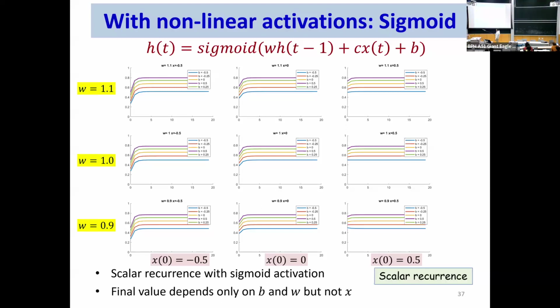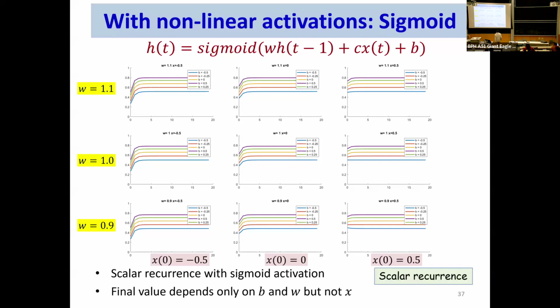Now within this plot, within any figure, I have a weight value, and each of the 5 lines shows you the responses for 5 different values for the bias b. The figure making sense? Right, okay. So this row shows responses for networks where the weight is 0.9, and each of the 5 lines is the response for the 5 different values of the bias.